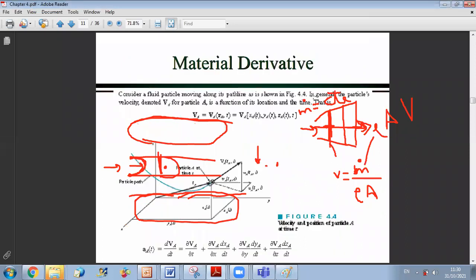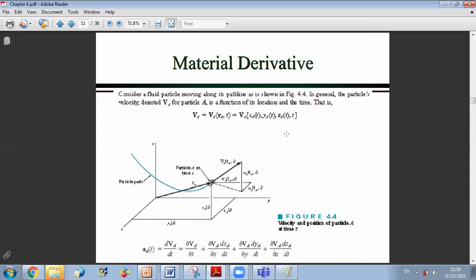Now we move to the section of material derivative. Okay, so whenever we consider a fluid domain, if you remember, we can define velocity with respect to position and time. So we can consider that with respect to the domain, the position variable and time are independent.